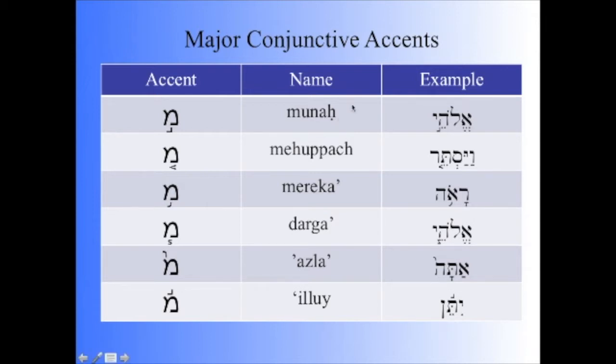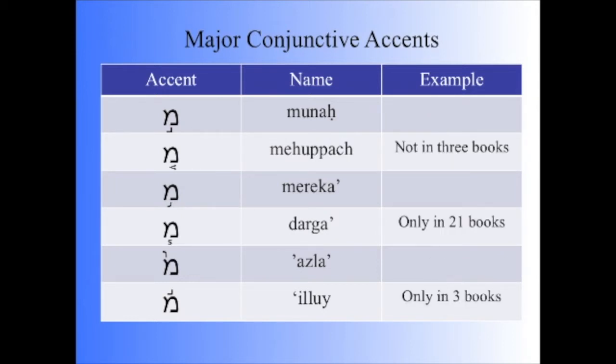Also be aware of these: the munach, the mehupach, the meracha, the darga, asla, ilui. You can see them here. Most of the time in Hebrew, the stress is going to be on the final syllable, but there are exceptions. You can see all these examples of the conjunctive accents.